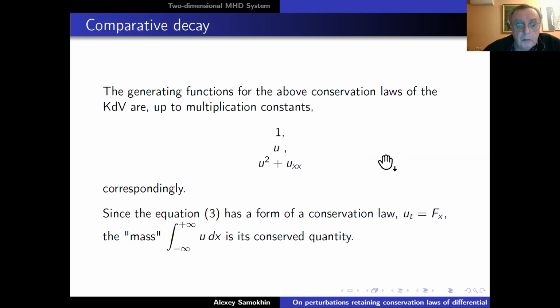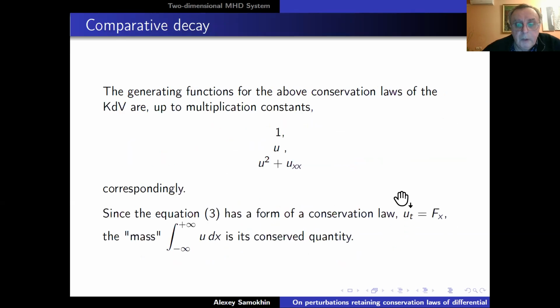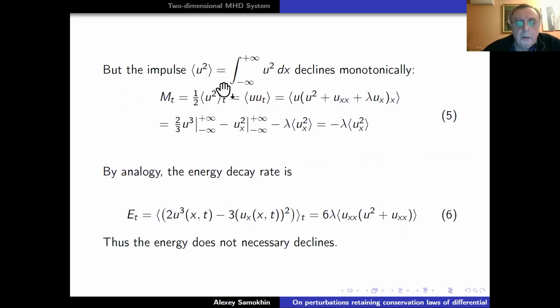But the other two, momentum and energy, are not conserved anymore. It's simple to obtain their decay rate, and momentum declines monotonically. This is the decay rate of momentum.